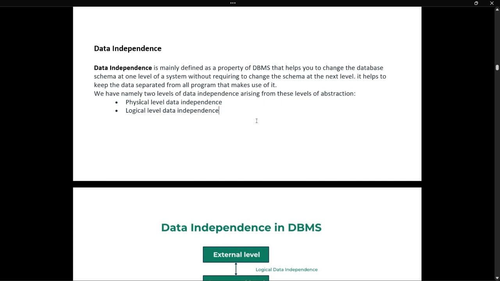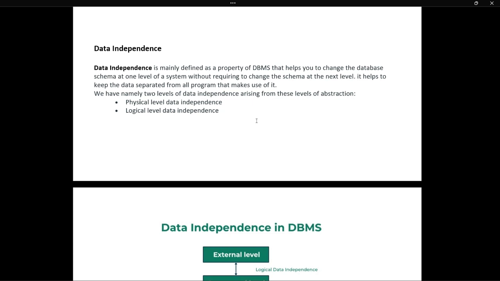So in the database schema, you have seen there will be three levels: physical level, conceptual level, and external level. Whenever we want to change some data in any level, for example, if you want to change the data in the physical level, then it may affect the next level, because the levels are interlinked, right?